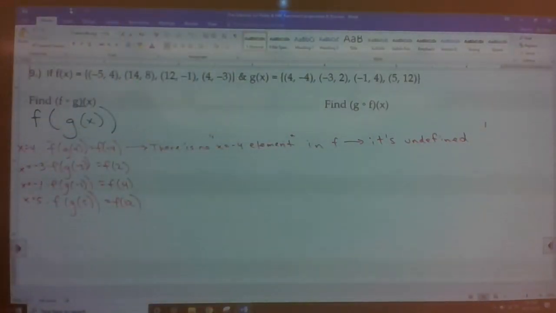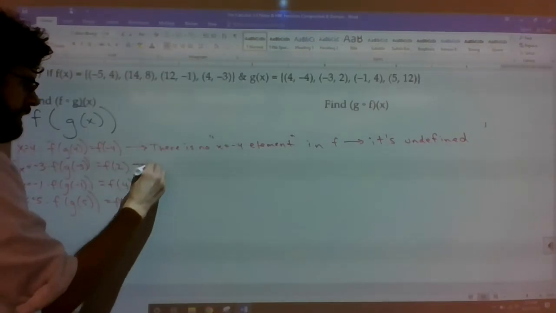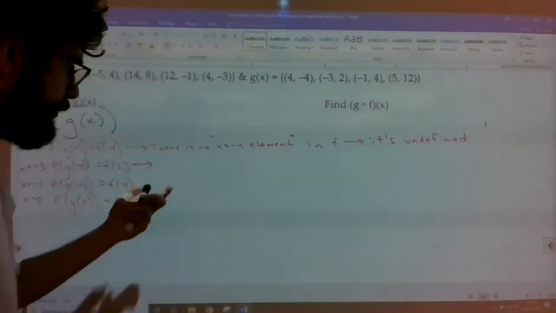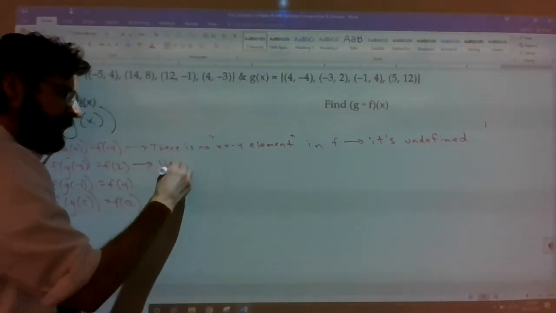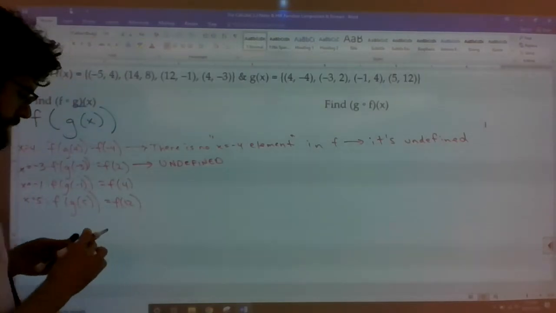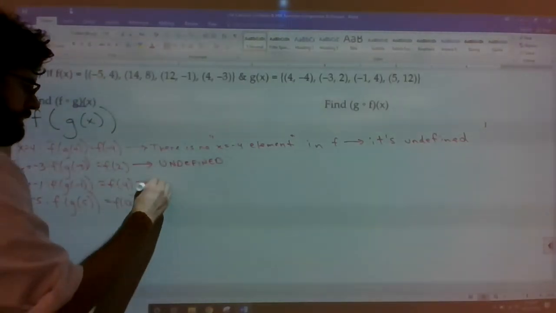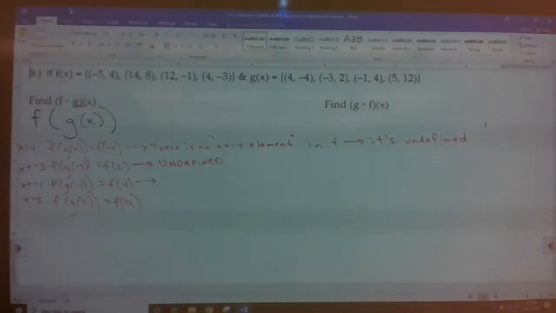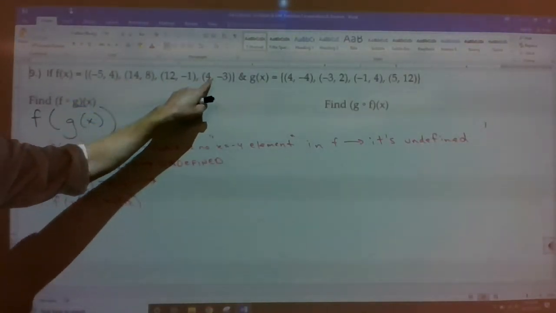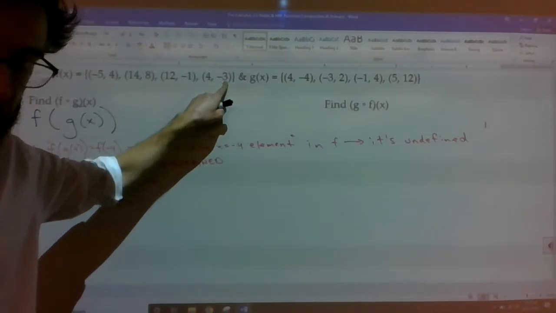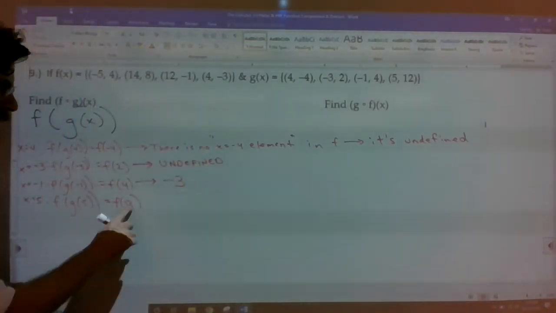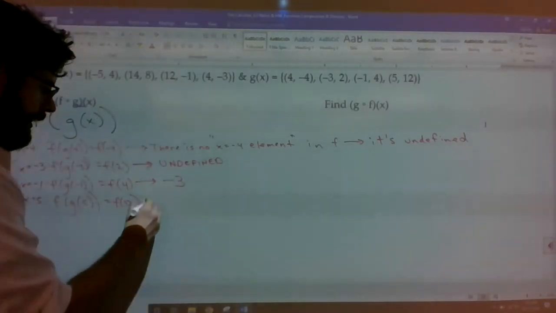If you try that again with 2, there's no 2. So that one's undefined as well. When you plug in 4, though, for the x value, you output -3. And when you plug in 12, you output -1.